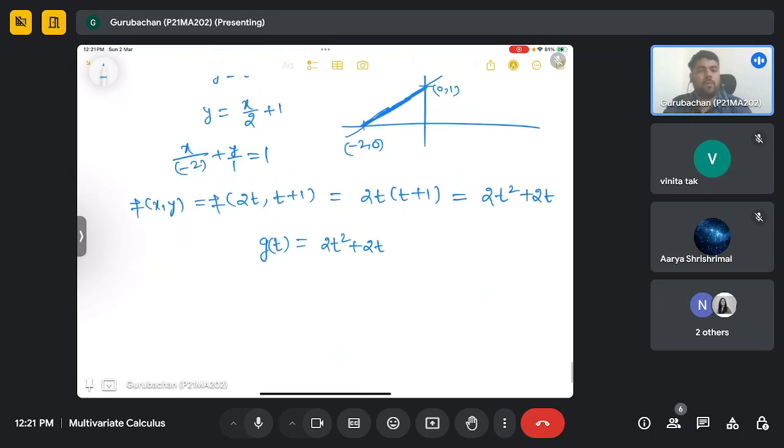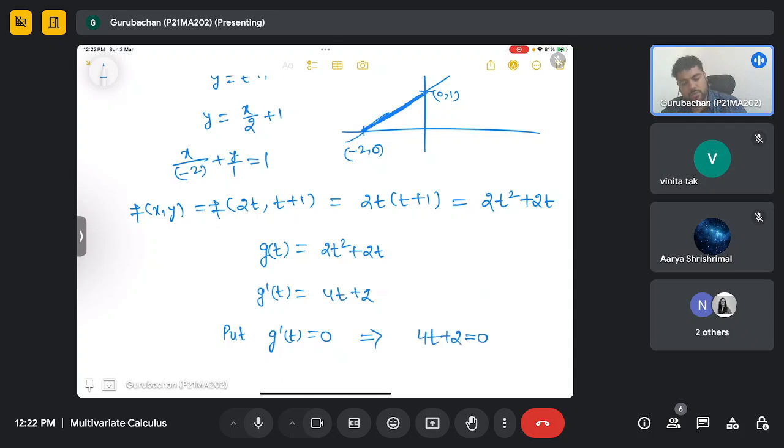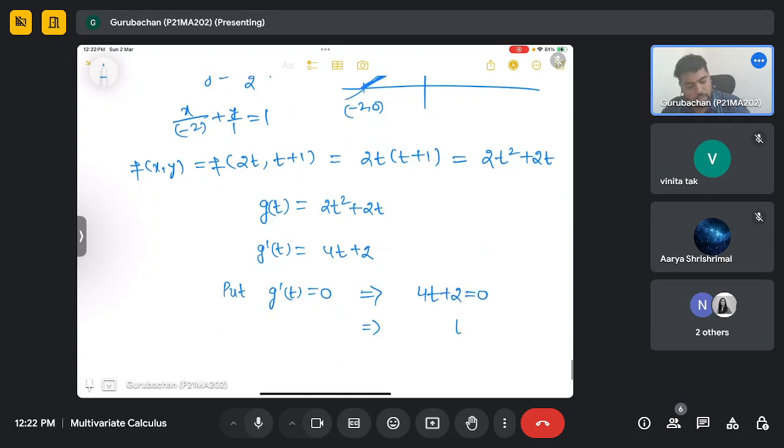Now what we have to do, since it's a function of a single variable, then again we have to think about its critical point, and we have to apply the second derivative test to check its local minima or local maxima. So the first derivative will be 4t plus 2. Now put this g dash t to be 0, which will give us 4t plus 2 is 0, and this will give us t is equal to minus half.